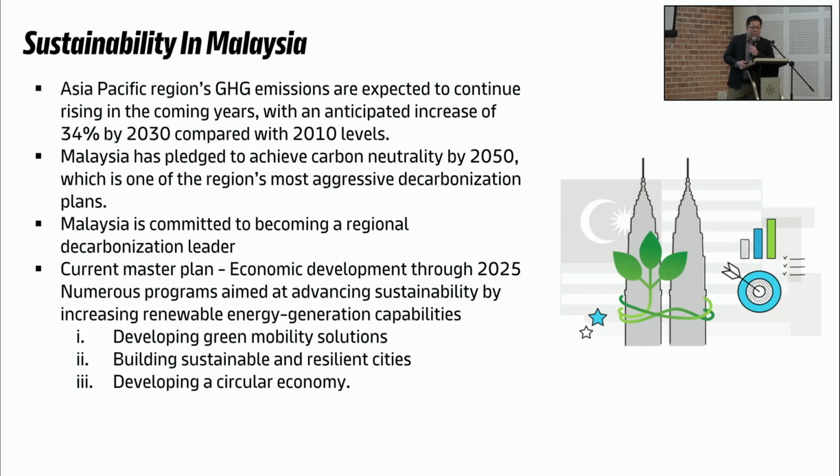Other master plans that we have include developing green mobility solutions, vehicles, and so on, building sustainable and resilient cities, and also developing a circular economy. More and more recycling and reuse plans will be employed throughout the years.